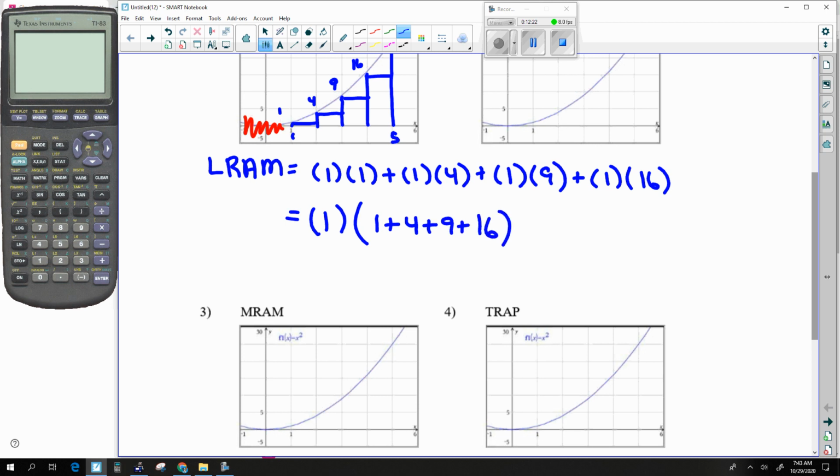It's, in essence, GCFing out a 1, or whatever the consistent height or base is, every single time. So this is 30. This has an approximated area of 30.